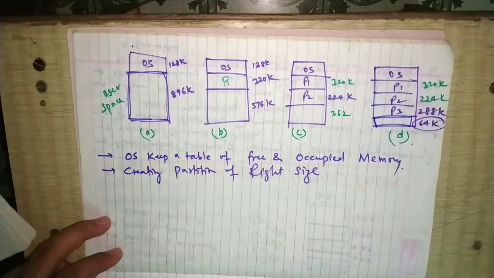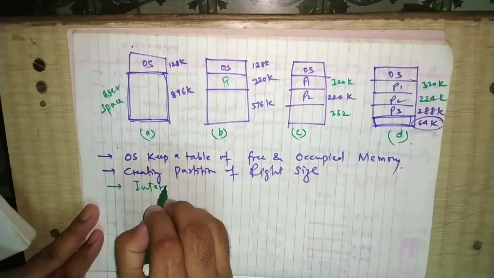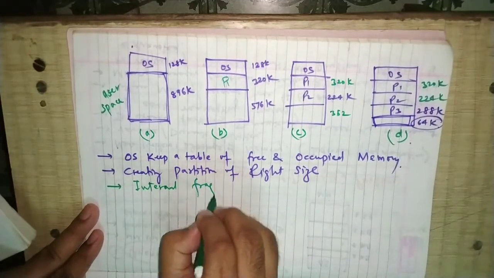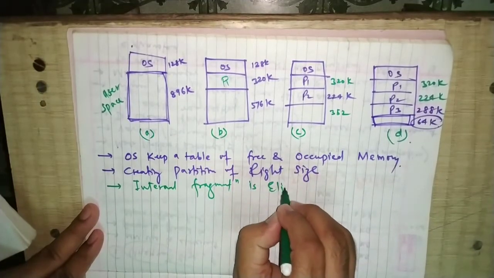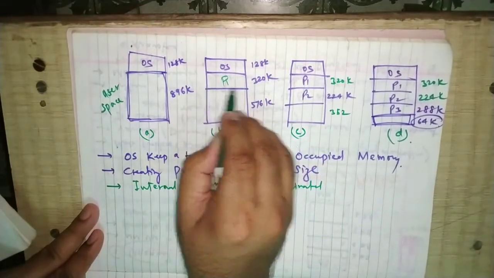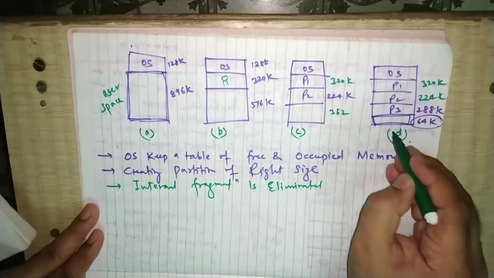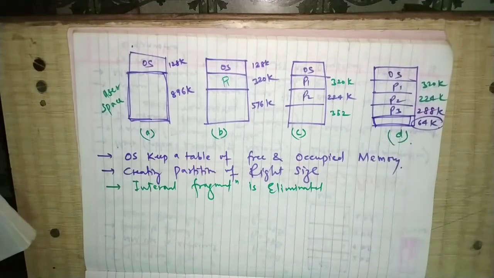And the very important point here is that internal fragmentation is eliminated. You can't see any wasted space inside the partitions, but there is free space in the last one. So we have eliminated the internal fragmentation to the maximum.